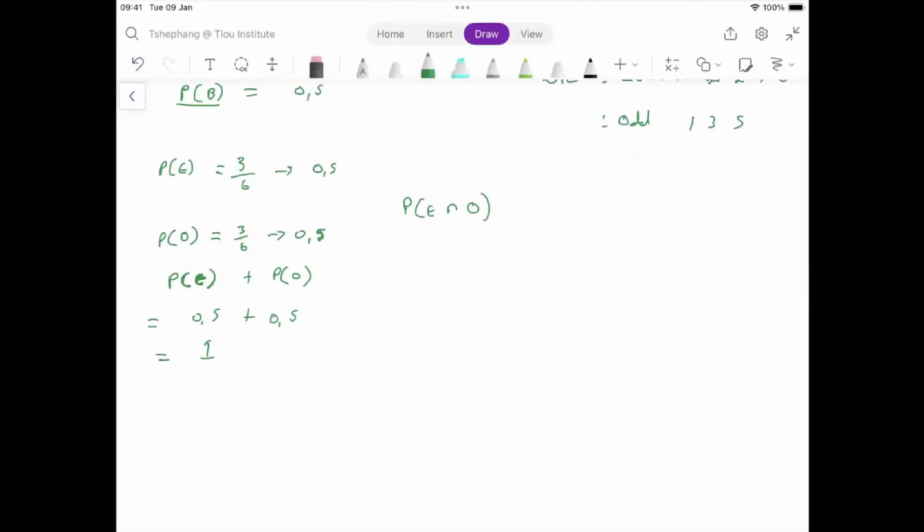What can we say about these things? They are complementary. Complementary events with an E. Hope it makes sense. Perfect. I'm getting a thumbs up.